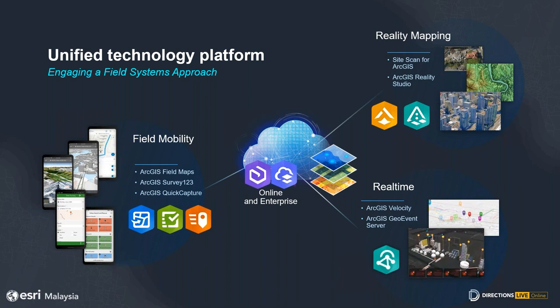With ArcGIS, we have access to field mobility tools, which are used to facilitate efficient data capture and asset inspection, helping us ensure accurate and up-to-date information in the field.